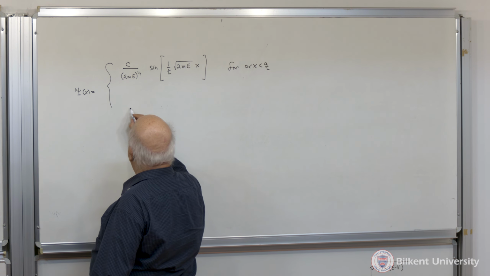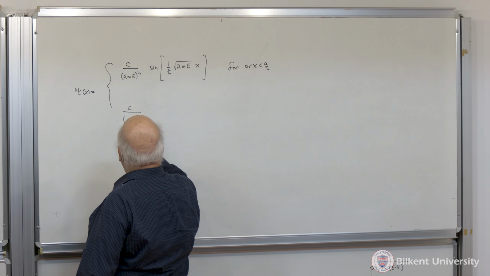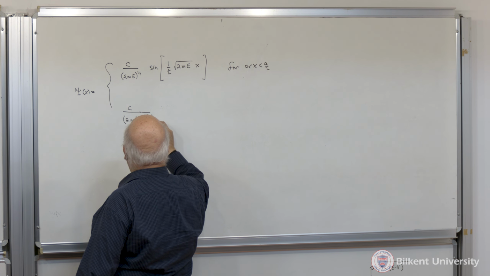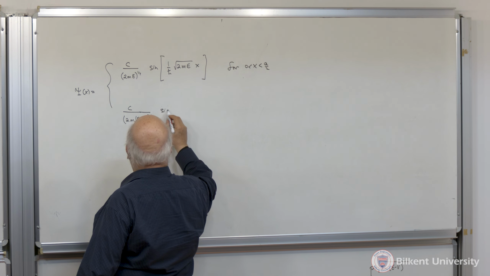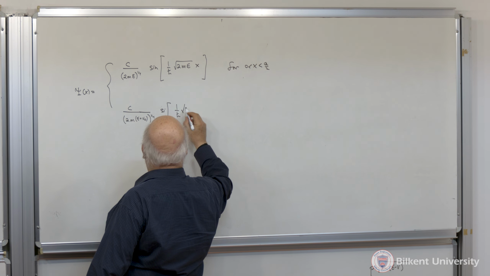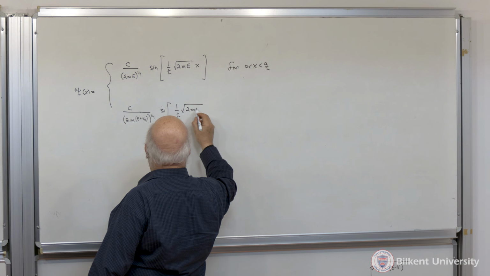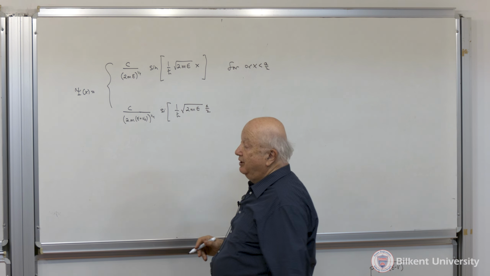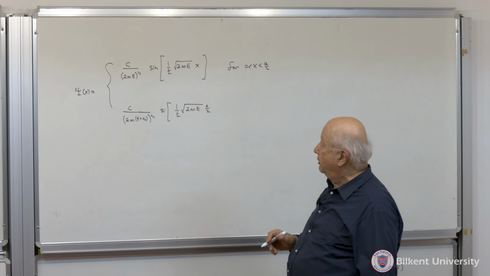Or it's equal to C over (2m(E plus V0))^(1/4) sine of 1 over h bar square root of 2mE times a over 2, so that's the integral up to a over 2.